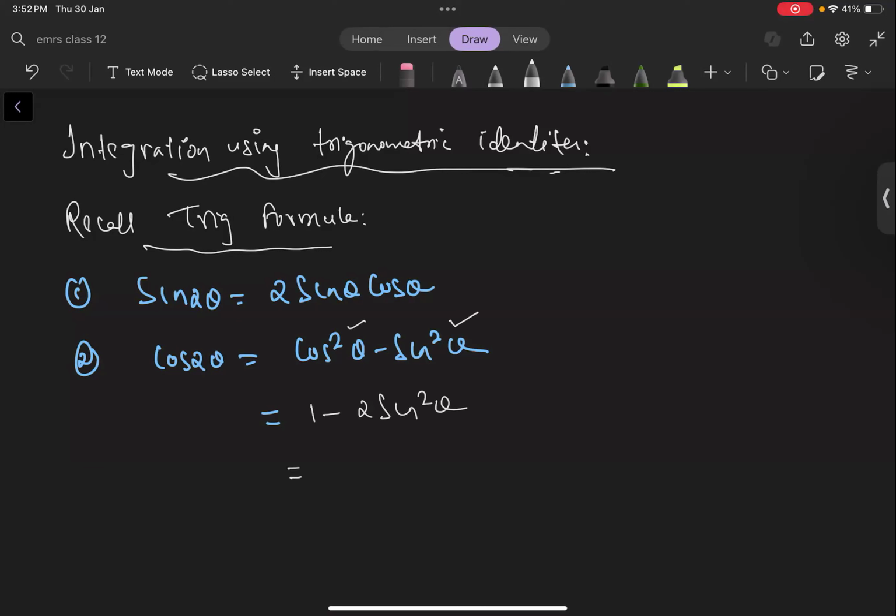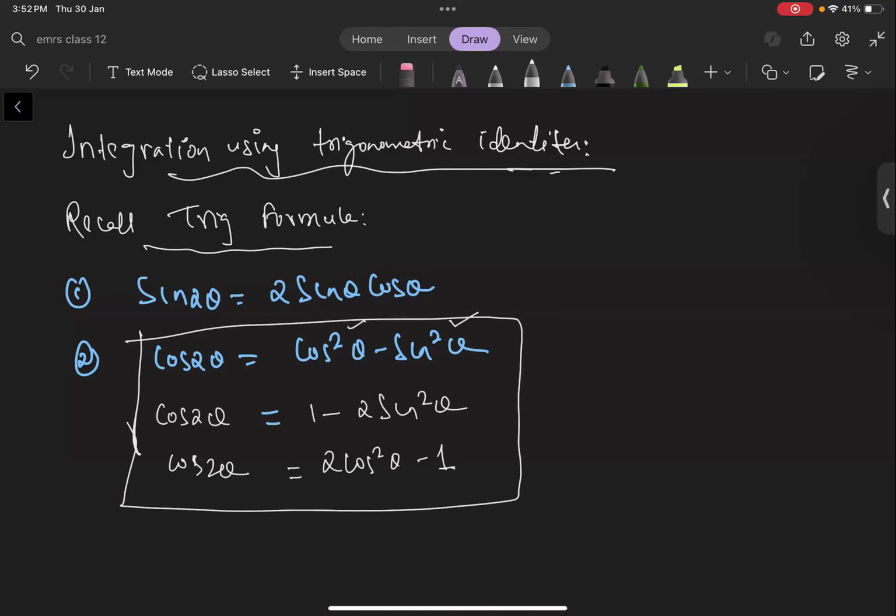Or else if I replace the sine square with cos square, this will give me 2 cos square theta minus 1. Okay, so this cos 2 theta can be represented in 3 different forms. As per the requirement, we can use any of the given forms.